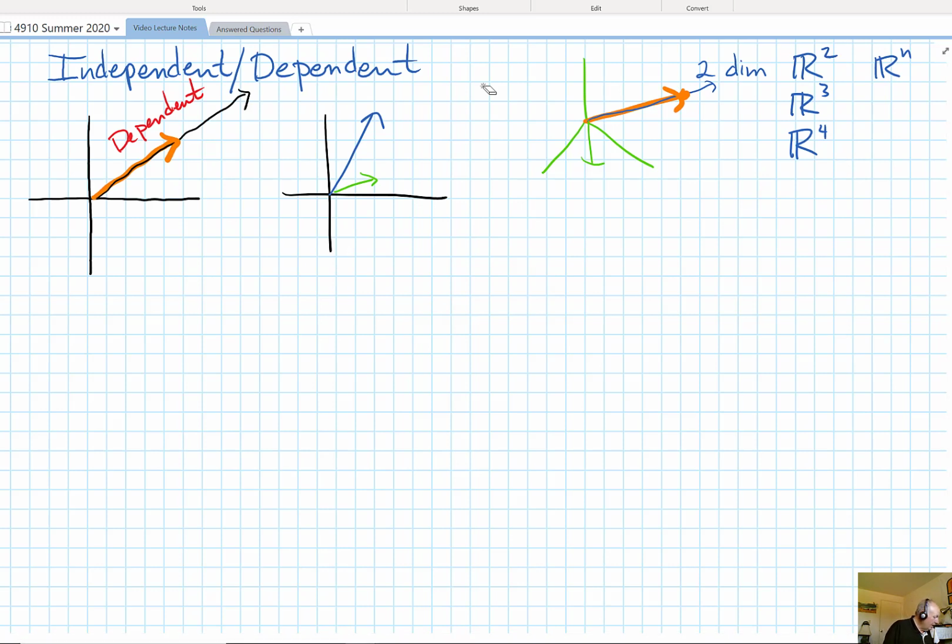Now, we often need to have some notation to back this up. We will say this: if vector v is some constant multiplier of u, then u and v are dependent.